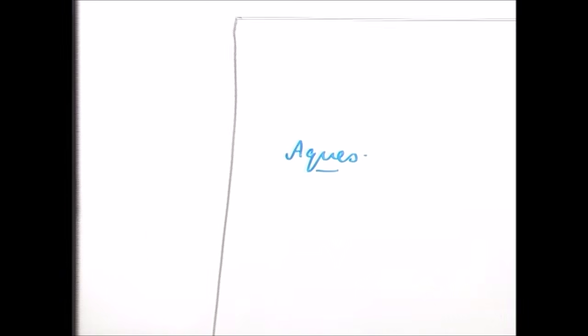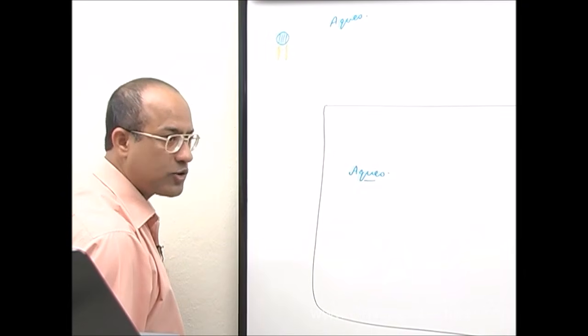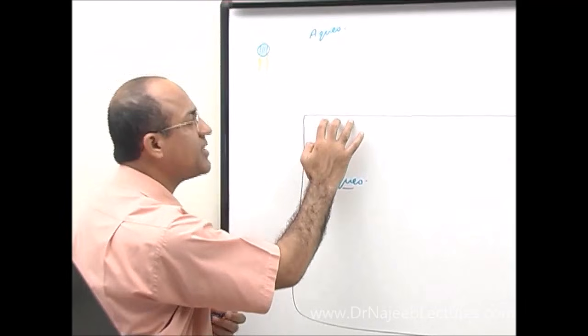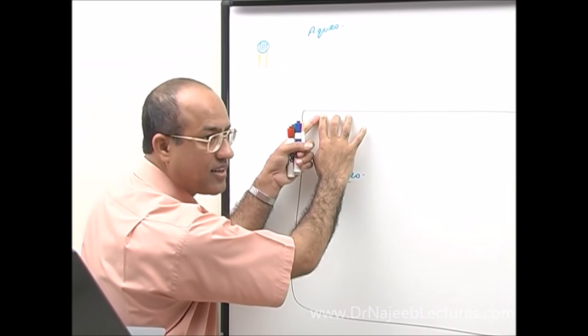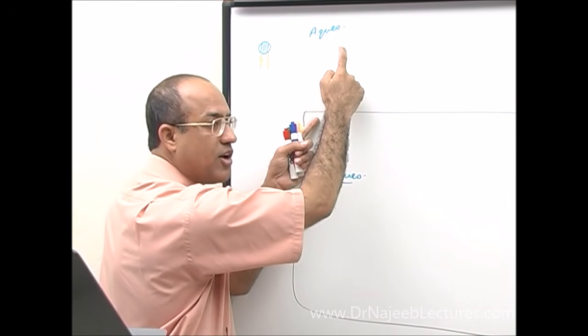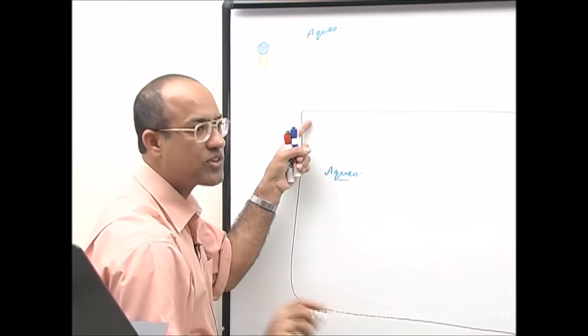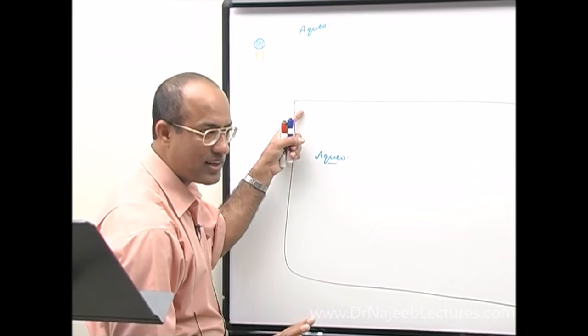Is that right? So this cell membrane is separating the extracellular aqueous environment from the intracellular aqueous environment. Is that right?